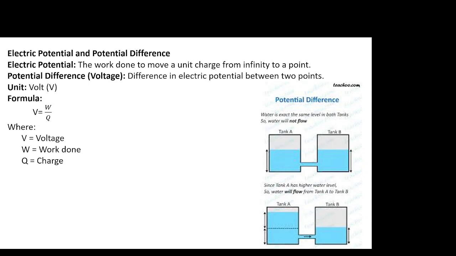If both tanks have the same level of water, does the water flow? No, water will not flow because the water level is exactly the same in both tanks. If we increase the water level in tank A, then what will happen? The water will start to flow from tank A to B. Water has a tendency to flow from a higher level to a lower level.